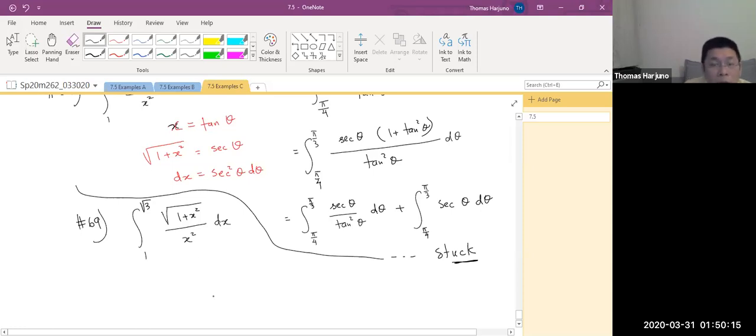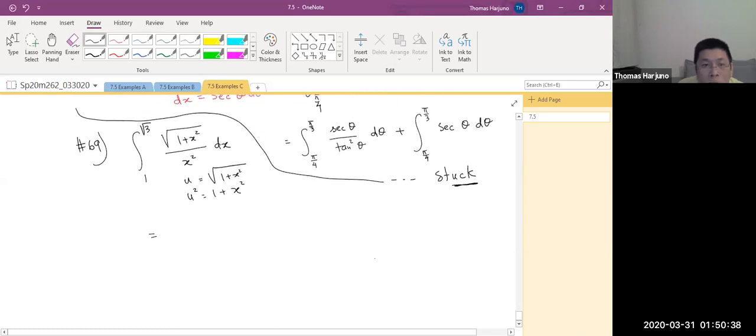Let's see. Suppose I do it this way. I use u squared equals 1 plus x squared, so u equals the square root of 1 plus x squared. On the top, let me scroll it down, I will get the integral. On the top, there will be u. At the bottom, there will be u squared minus 1.